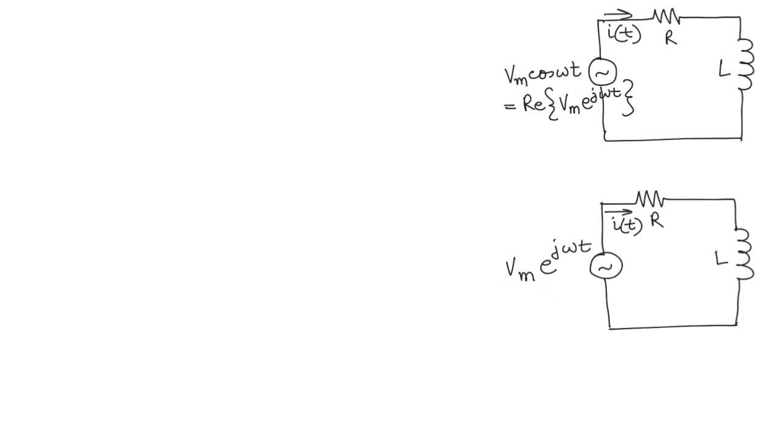Okay, and the differential equation remains the same as before, right? L di by dt plus IR will be equal to Vm e to the power j omega t. So that's our differential equation.